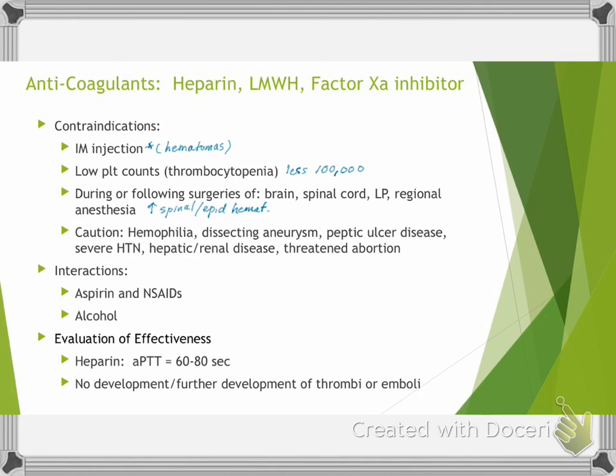Caution with hemophilia, because they have a decrease in factors, dissecting aneurysm, peptic ulcer disease, severe hypertension, hepatic or renal disease, and threatened abortion, all because these put you at increased risk of bleeding already. So we don't want to use those. Okay.